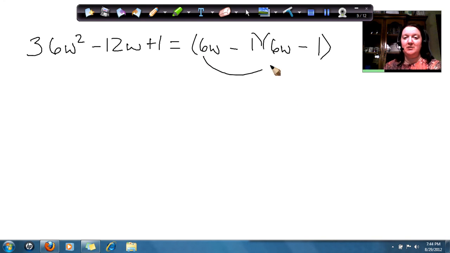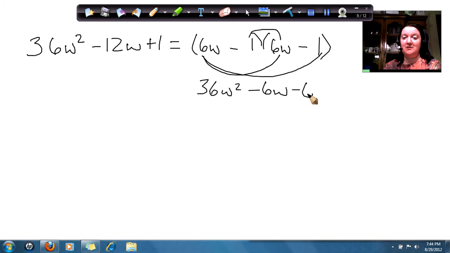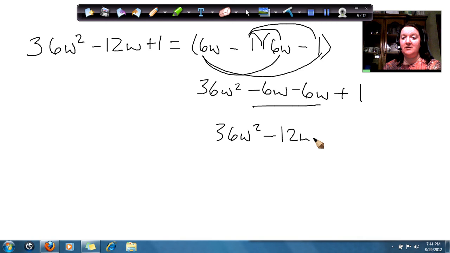Because if I multiply those parts together, that gives me 36w squared. If I multiply these parts together, it's a negative 6w. If I multiply these parts together, it's another negative 6w. And if I multiply those together, it's plus 1. So if I combine my like terms, I'm going to get 36w squared minus 12w plus 1, which is what I started with, so I know that I factored it correctly.